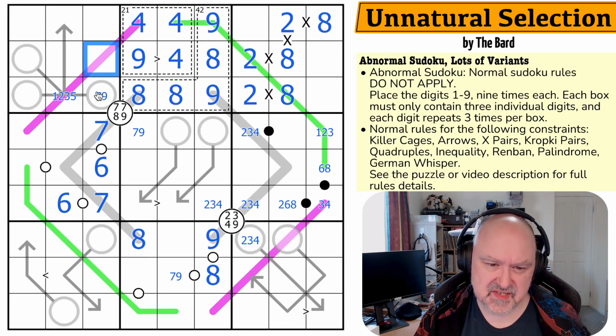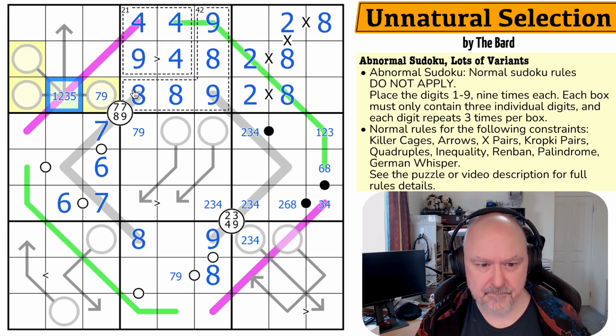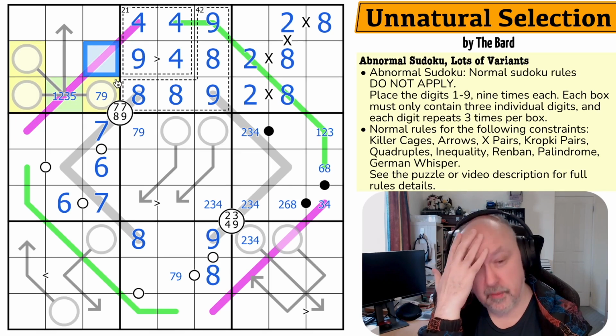Or could these digits all be the same because they're all the sum of the arrow. So this is a different digit, and by normal Renban lines, which we're assuming, this is a different digit. So I need to put 2 blue and 2 green into this. And these have to be in a connection with 4.